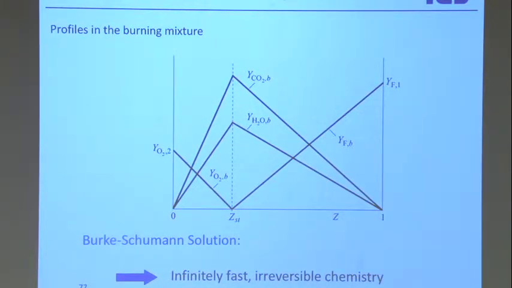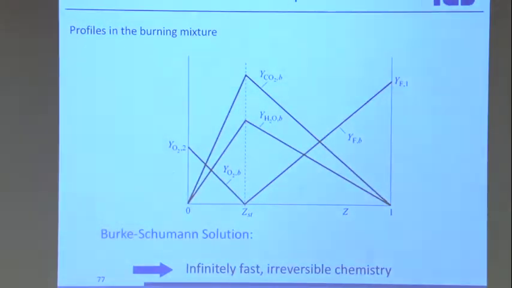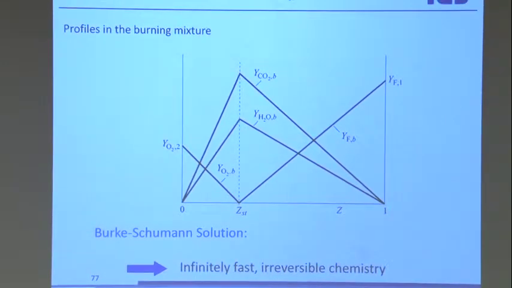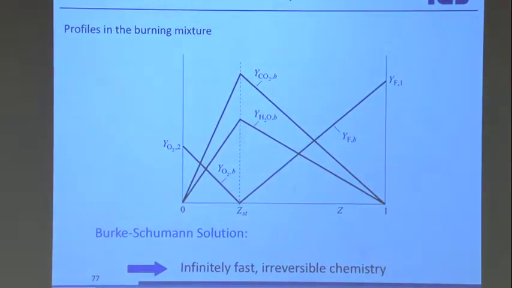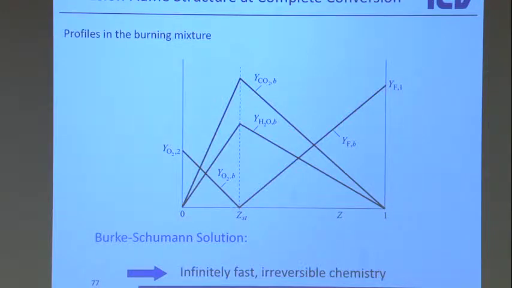So what's interesting here is two things, really. Well, we know the solution, but secondly, that these species here vary linearly with mixture fraction. That's also something that's very nice. Why is that? Because in this particular case, we'll see this later, reaction rates are proportional to the curvature of these functions, okay?